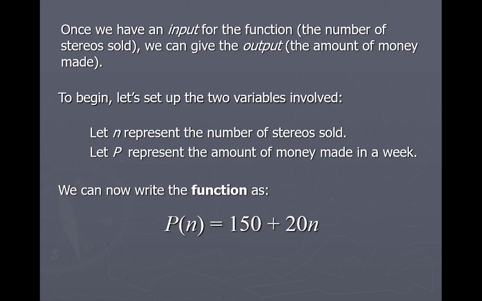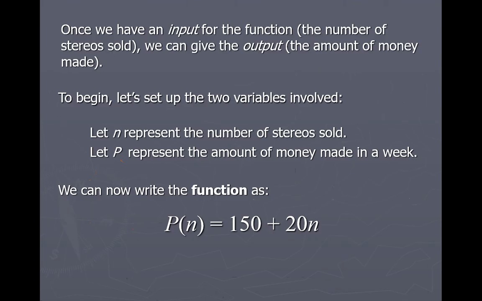P of n equals 150, that's how much he gets no matter what, plus $20 times the number of stereos. Now I've done a bunch of stuff to tweak you already in the 3rd slide of this to make your brain go, what's happening, what's happening? Because in grade 9, we wouldn't have called that P of n, we would have called that y. And this would have been y equals mx plus b, but look, it's the other way around, isn't it?